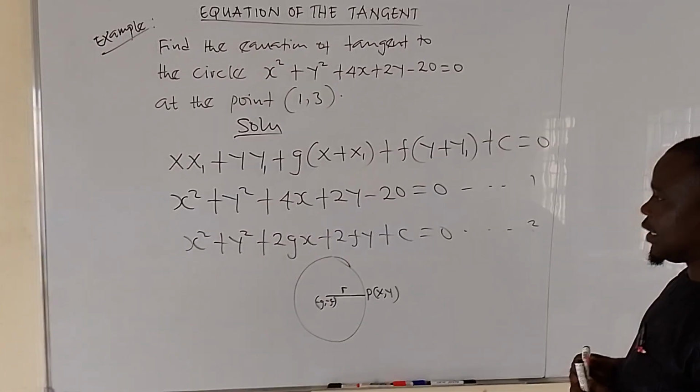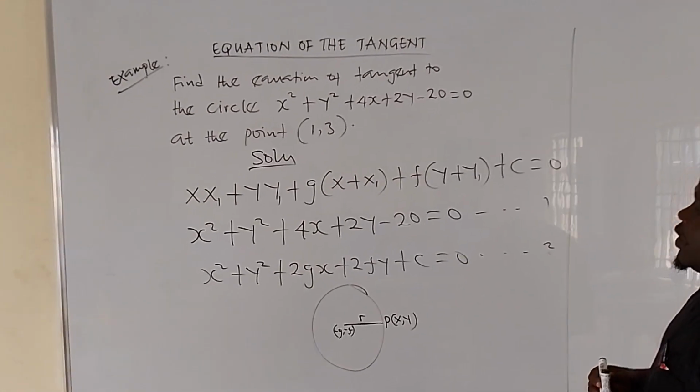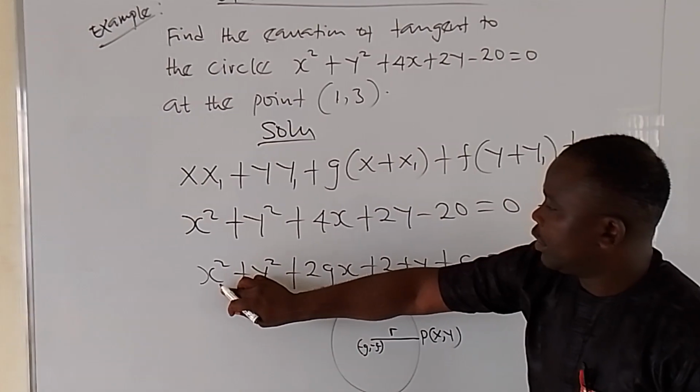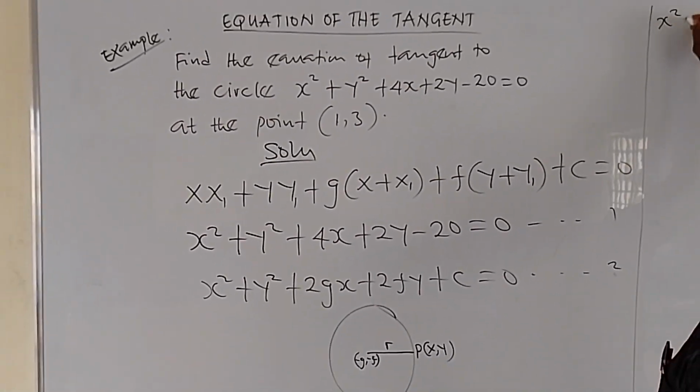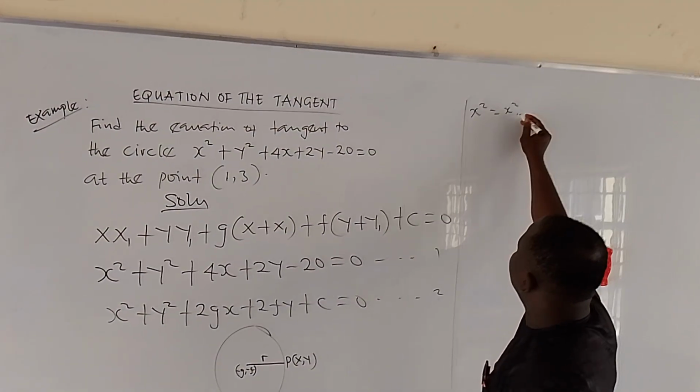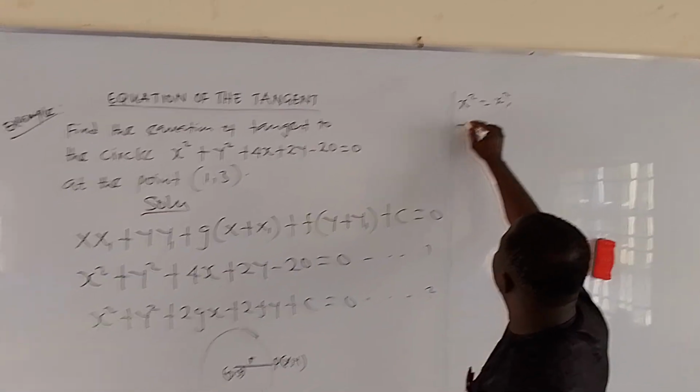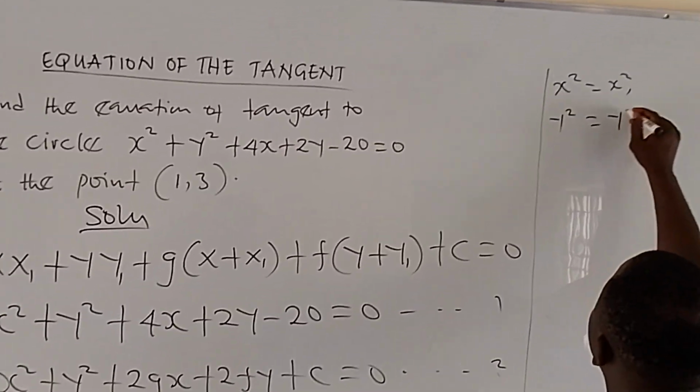If we equate it that way, look at it: x squared equals x squared, y squared equals y squared.